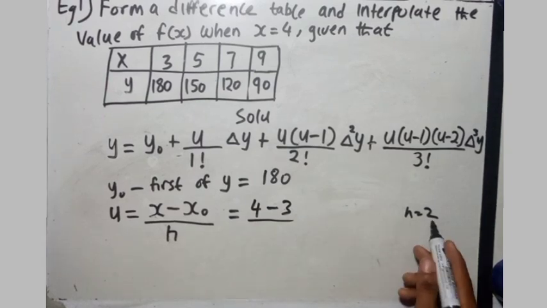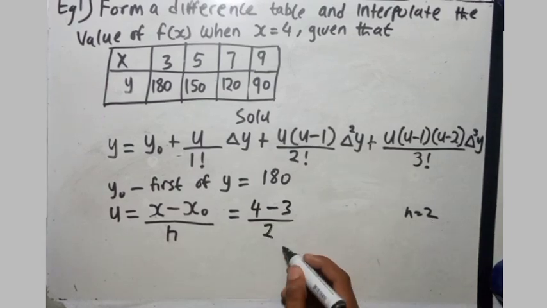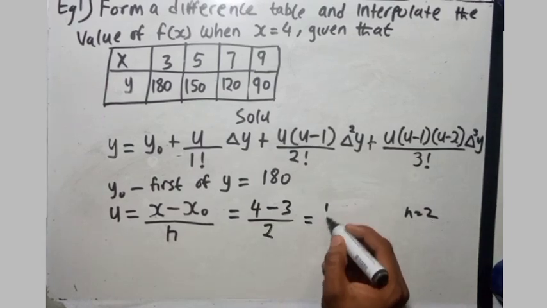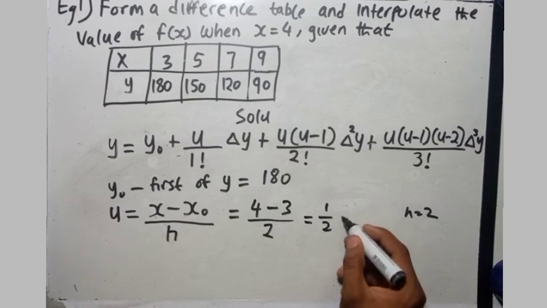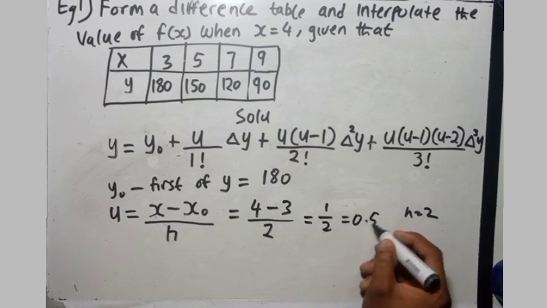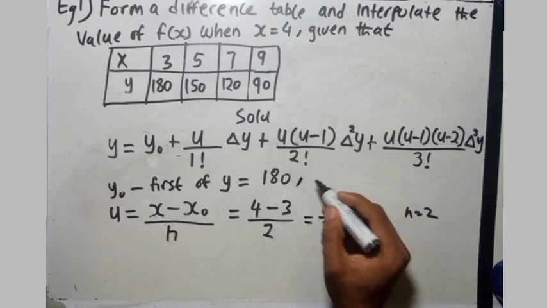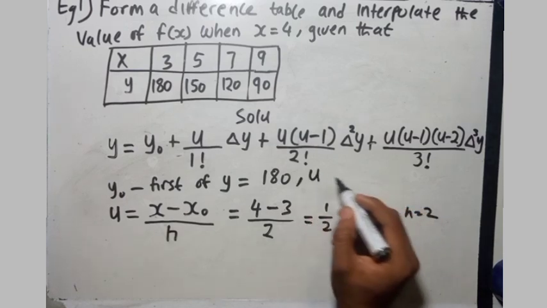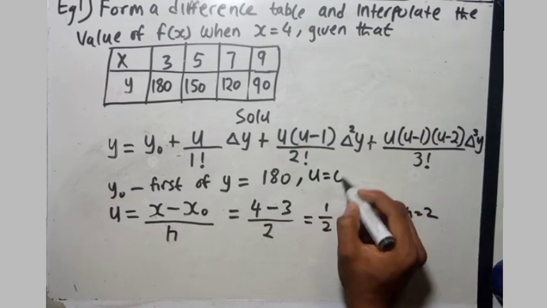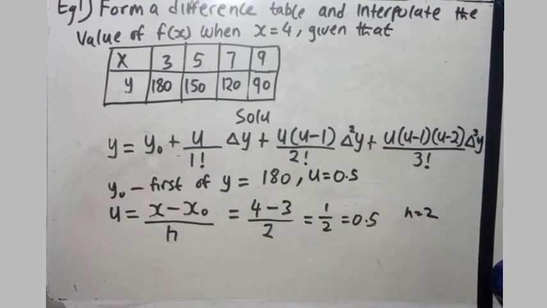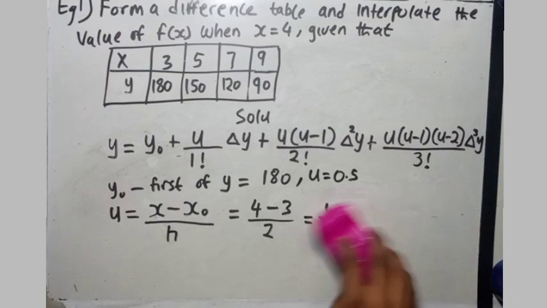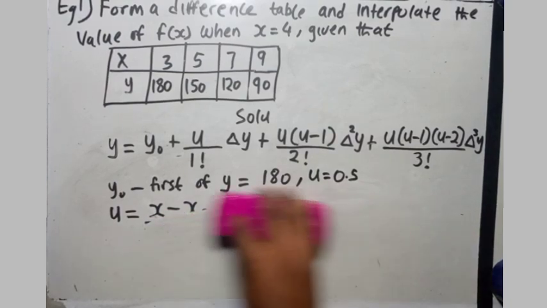And we'll be dividing it by our interval. And when we do that, we have 1 over 2, which is also written as 0.5. So our u in this case is 0.5.